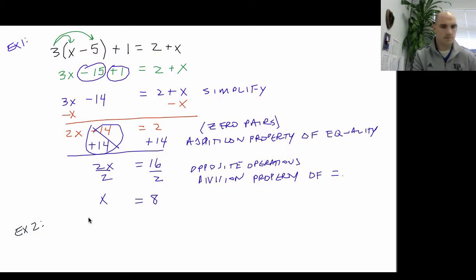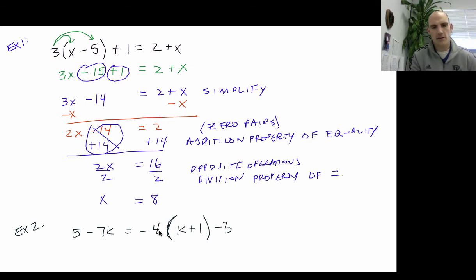I've got another one down here. 5 minus 7k equals minus 4 times (k plus 1) minus 3. And I'm going to start you off, and then I'm going to let you go on this one.